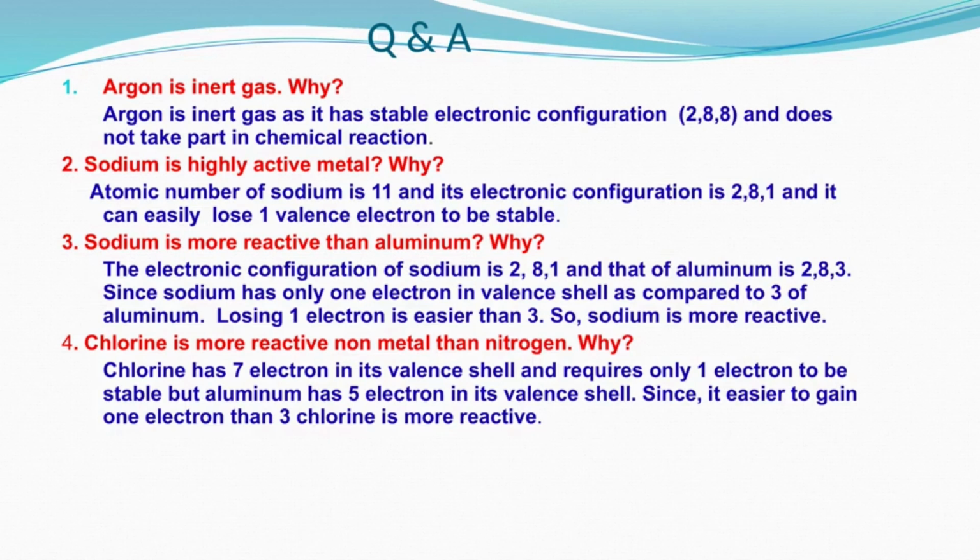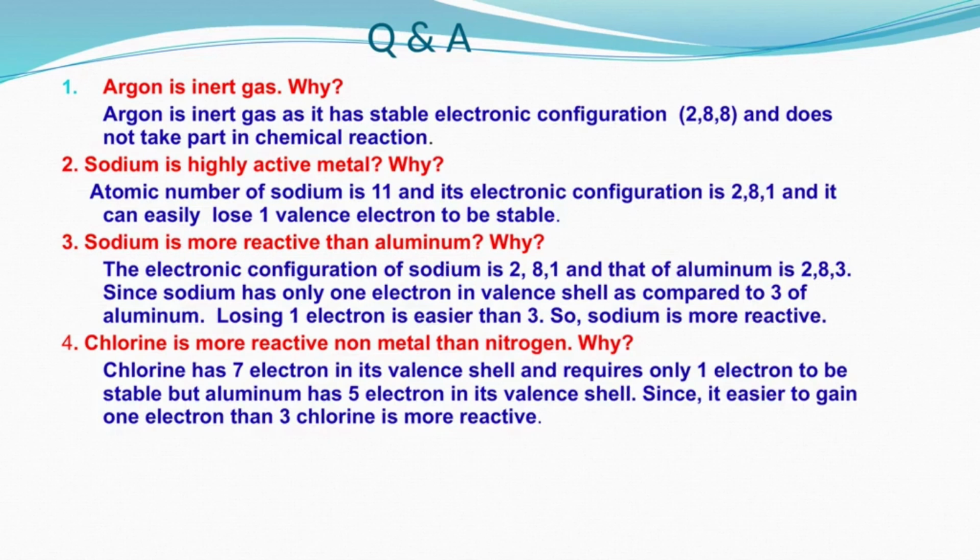Now, look at the second question. What is the question there? Yes, that sodium is a highly reactive metal. I am saying that an active metal means how easily it can lose electrons. The atomic number of sodium is 11 and its electronic configuration is 2, 8, 1, and it can easily lose 1 valence electron to be stable.